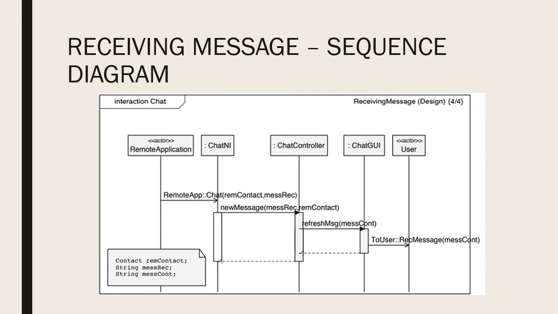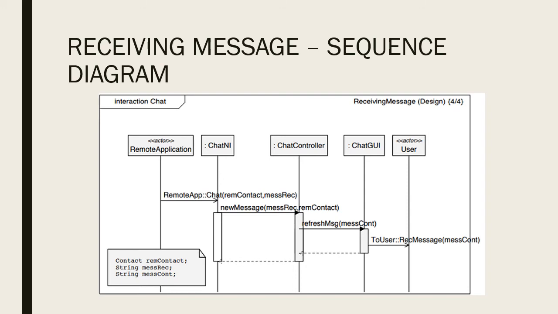So in this diagram, we can assume that this is a sequence diagram, but with a lot more details compared to the previous one. We have 5 objects here. The diagram resumes each interaction between each object. So to start, as we said before, we have the remote app, first of all, which is the first actor or the first object, sends a signal chat with contact and message as parameters to the chat network interface.